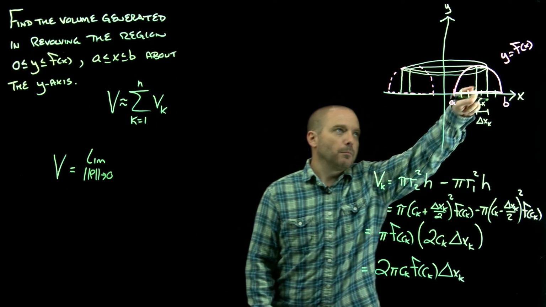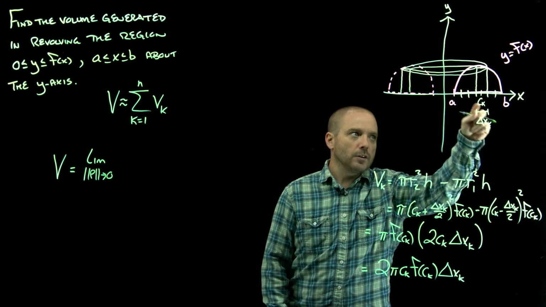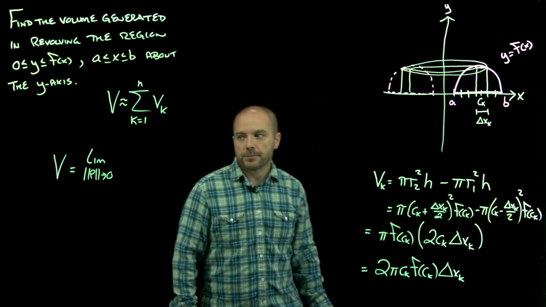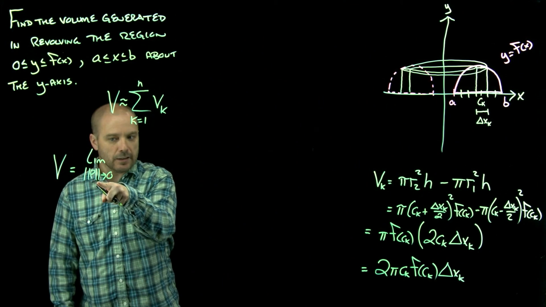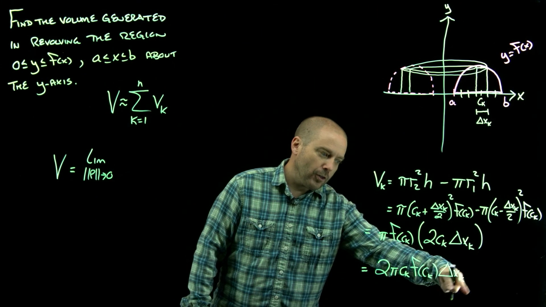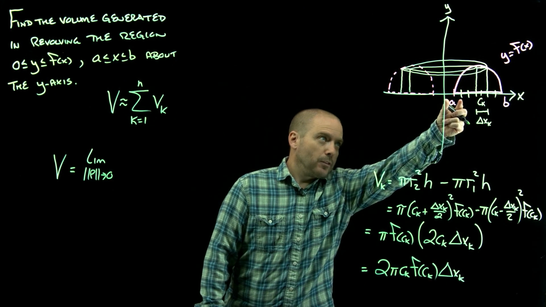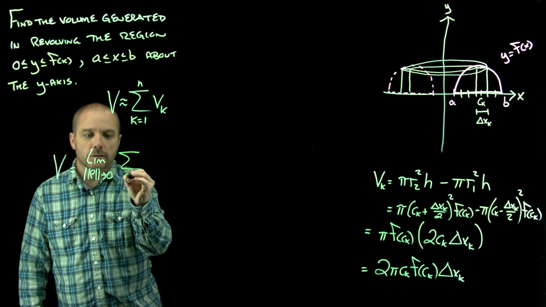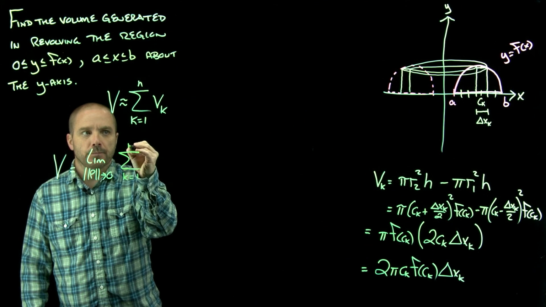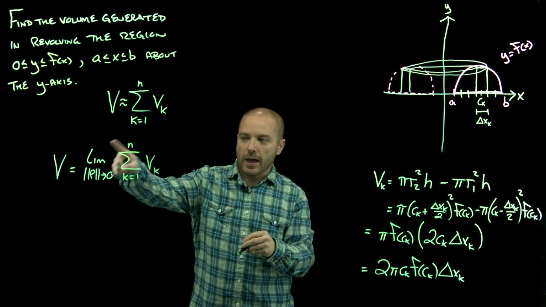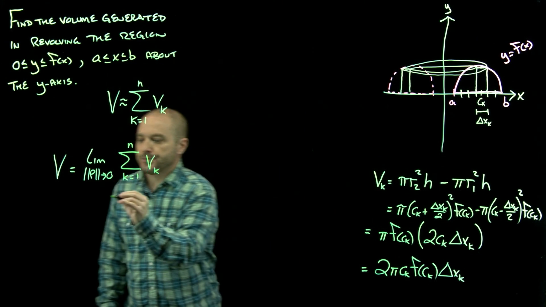Those things will become better and better approximations of that volume as they become skinnier and skinnier in this dimension here. So that's what this is saying. Really, that mathematically is saying make all those little subintervals shrink down to 0. And that we call the definite integral.